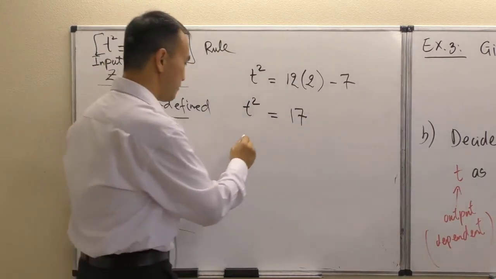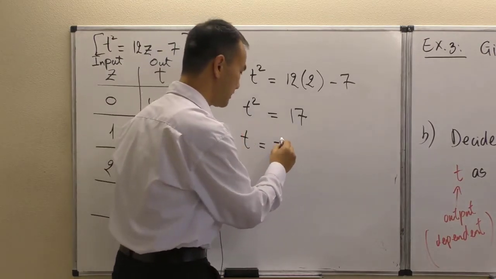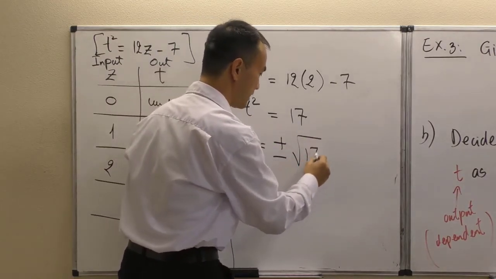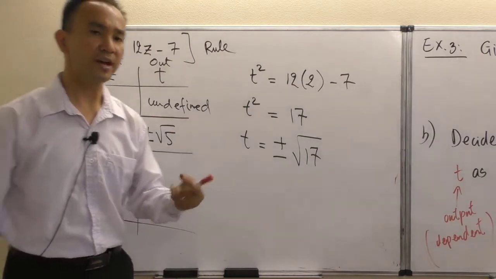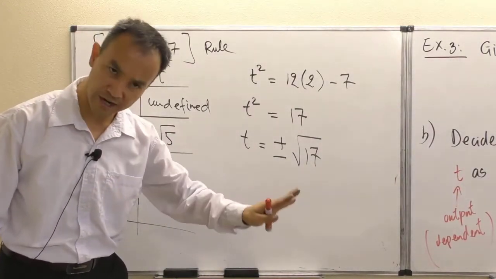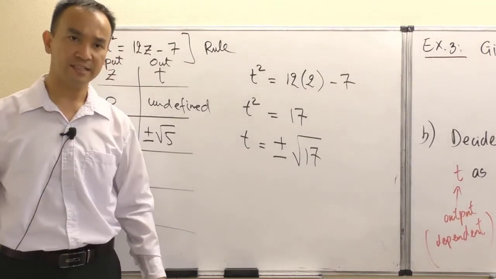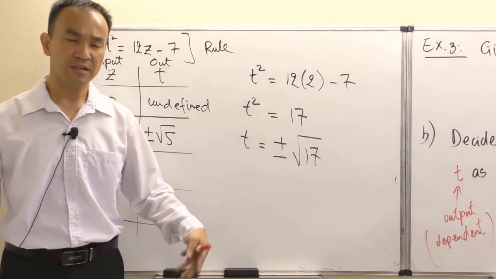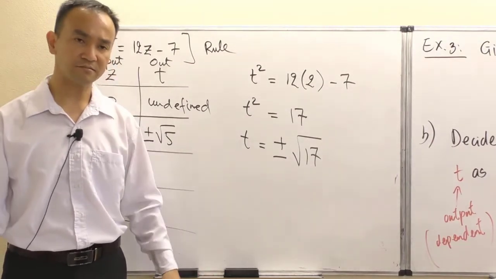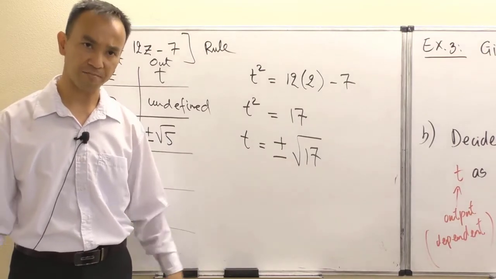So that means t is, again, taking square roots, plus and minus square root of 17. Now, needless to say, square root of 5 or square root of 17, these are all defined values. It's just not a nice looking value, but at least they're all defined, meaning we can have a value for that. It will be a very ugly looking decimal, but it's a real existing value, defined. That's what it means.